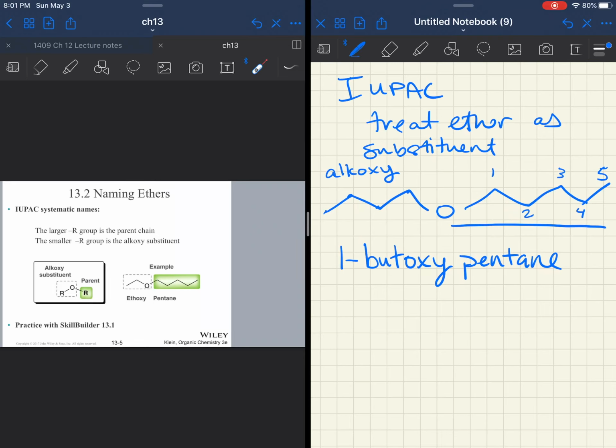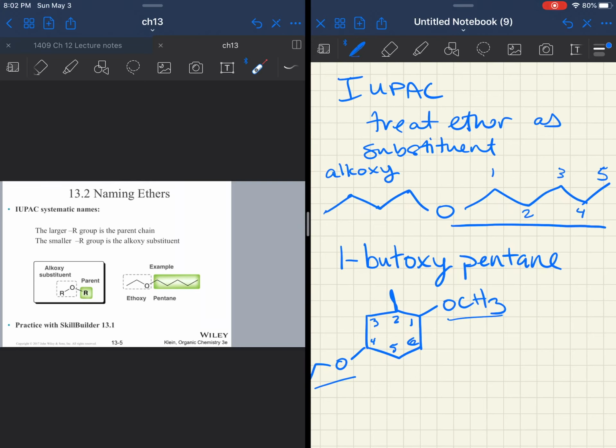Let's see. I just want to do one more example here. You often see them as little substituents. If we had something like this, maybe we'll do a methyl here. So we have a methyl group, an ethoxy group, and a methoxy group. We're going to number to give the lowest numbering possible, so we go 1, 2, 3, 4, 5, 6 on our cyclohexane.